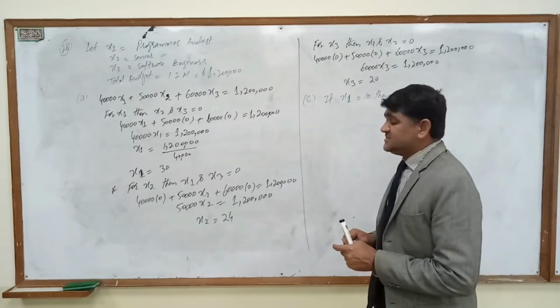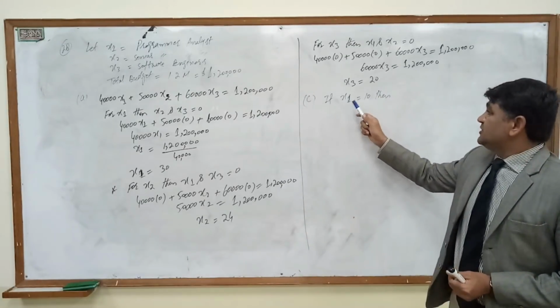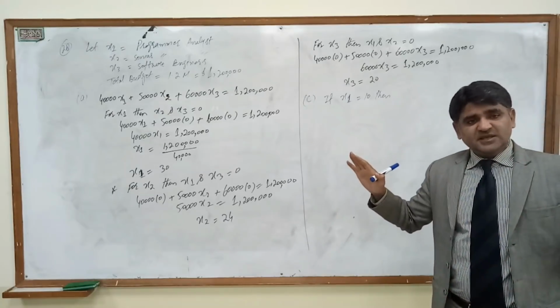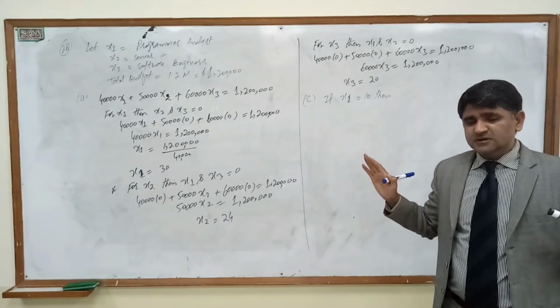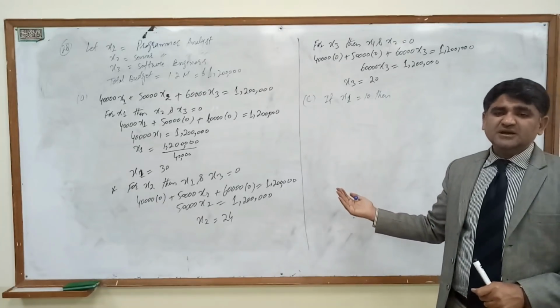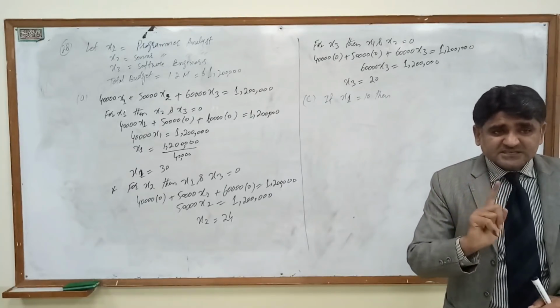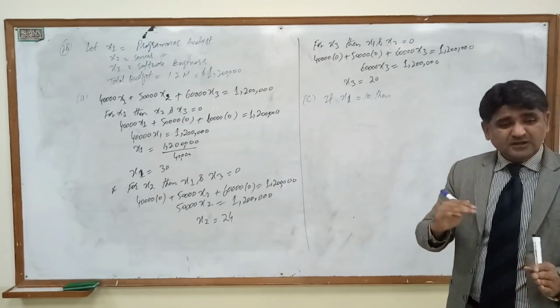So here the question is divided into two parts. The number of programmer analysts is fixed, only 10 are required. Then how many maximum senior programmer analysts can be hired? In this case, software engineers are not given.